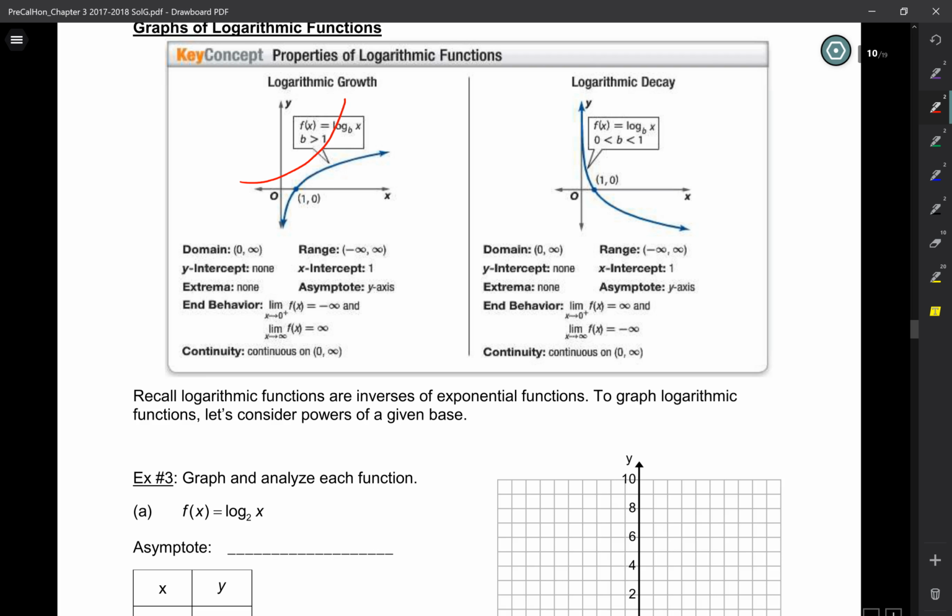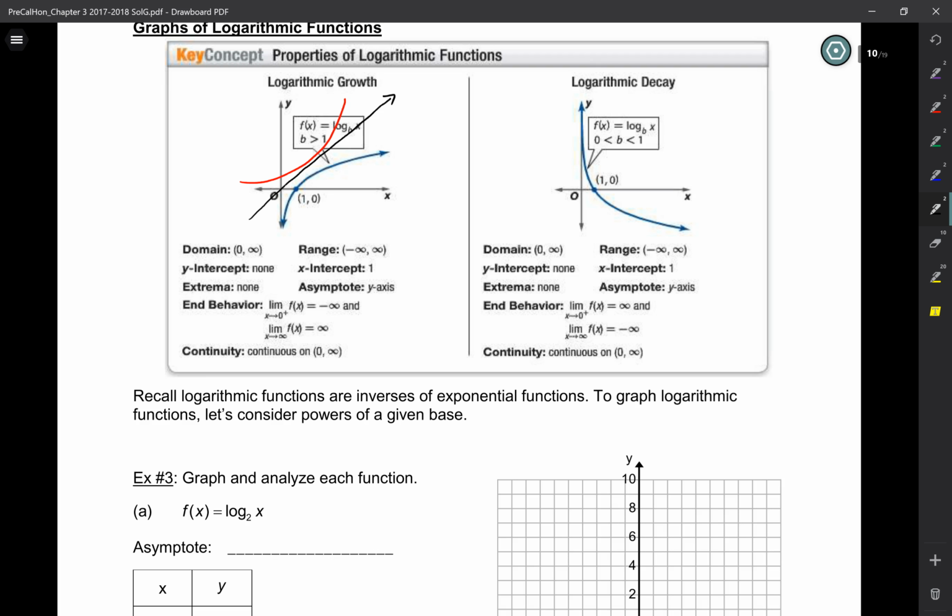That's how they look. And now we're going to graph logarithmic functions. Do you remember how we talked about the fact that if two functions are inverses of each other, they are symmetric along the line y equals x? Look at that. Look at the symmetry. Look at how beautiful it is, right? So because exponentials and logarithms are inverses of each other, all of those properties between inverses will apply.